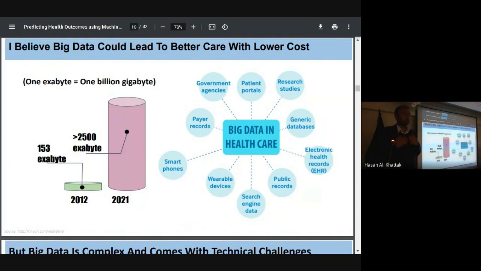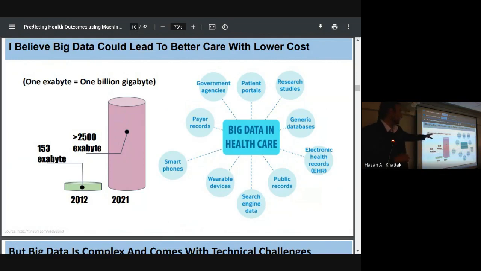I believe that this big data could lead to better healthcare at lower cost. But this big data comes with a lot of technical challenges and caveats that, as computer scientists, we need to solve. Now, where does big data in healthcare come from?